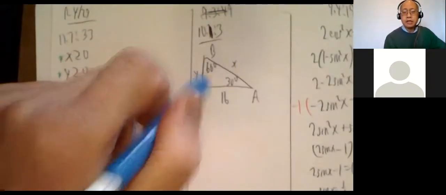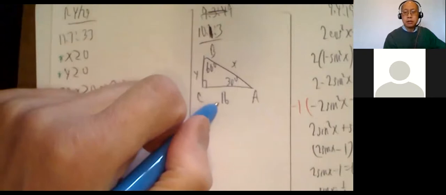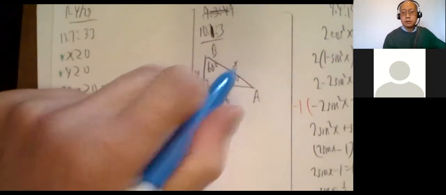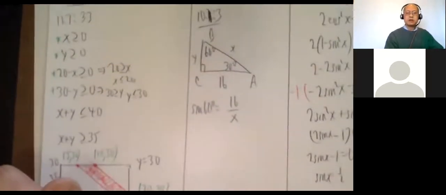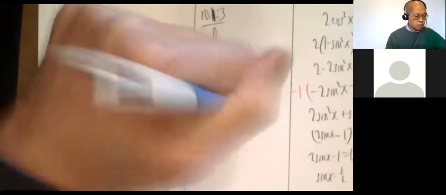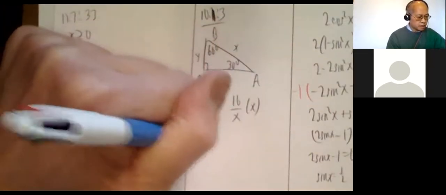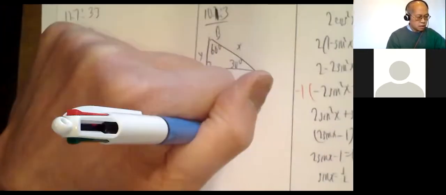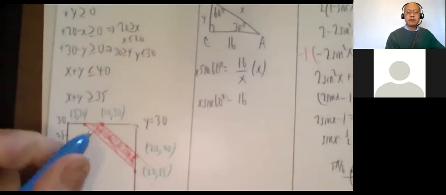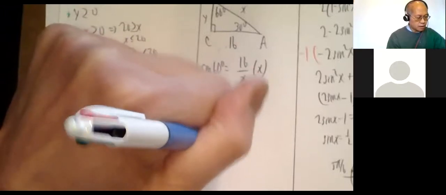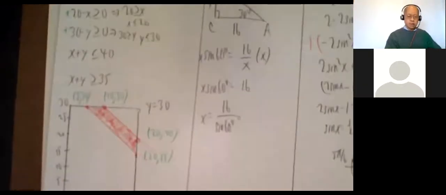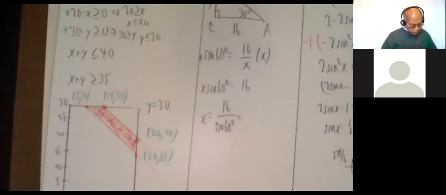All right, so let's see. Opposite, hypotenuse, so sine. Sine of 60 degrees is opposite over hypotenuse. Multiplying by x, x sine of 60 equals 16, divided by sine of 60. X is 16 divided by sine of 60 degrees. This one you can find the exact value.